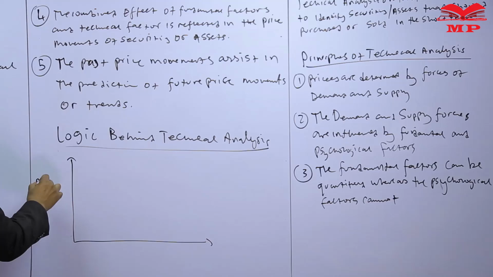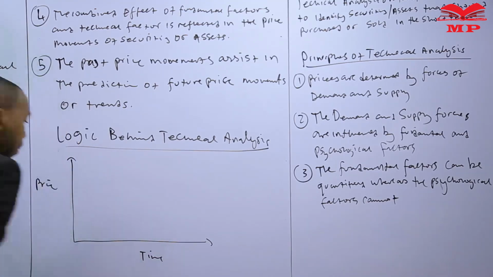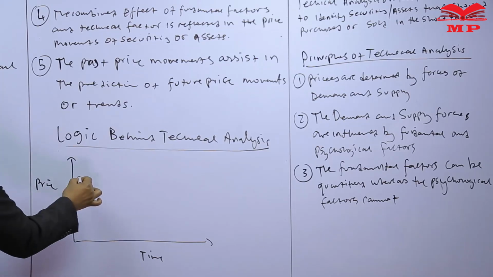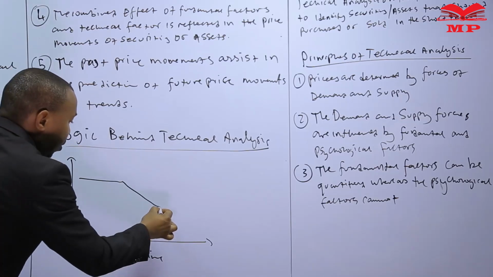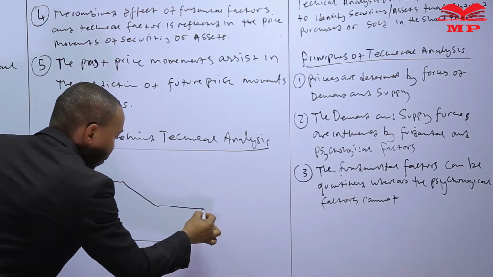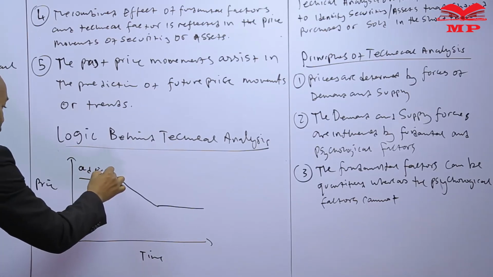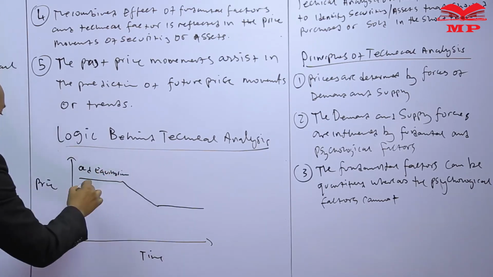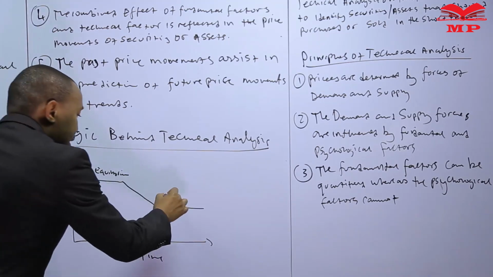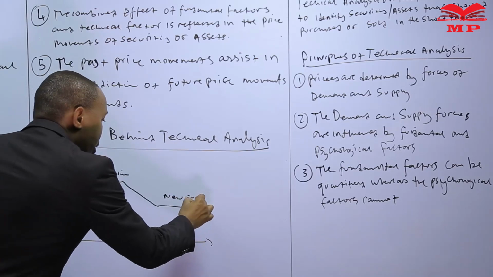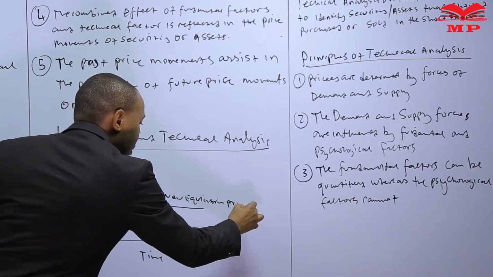So we are saying this is the price there, and this is time there. So we have the old equilibrium price there. We have it going down like that, and then we have like that. So this is the old equilibrium price, because you are plotting a price against time. Then this is the new equilibrium price there.